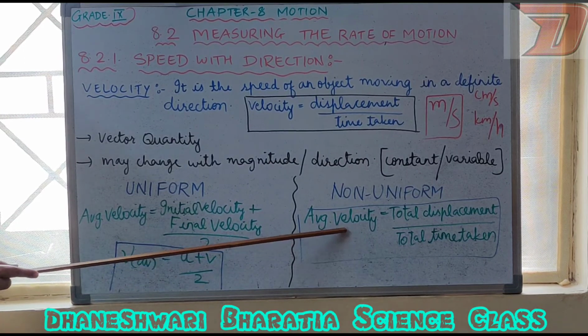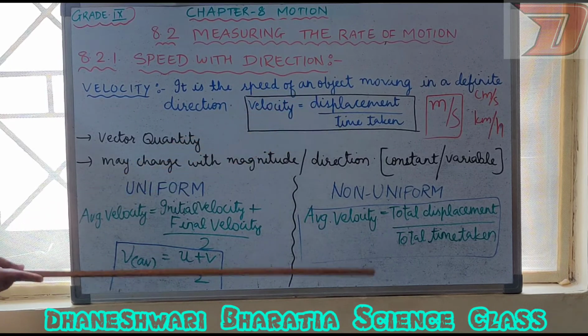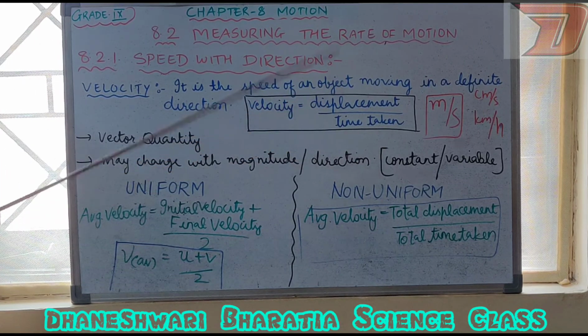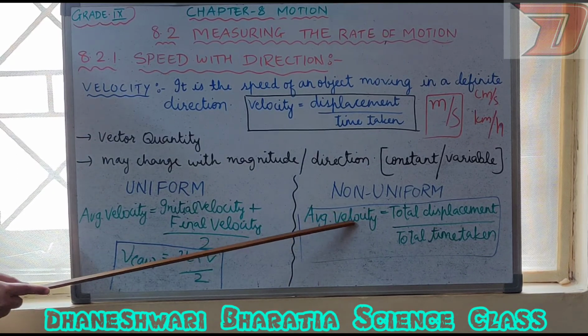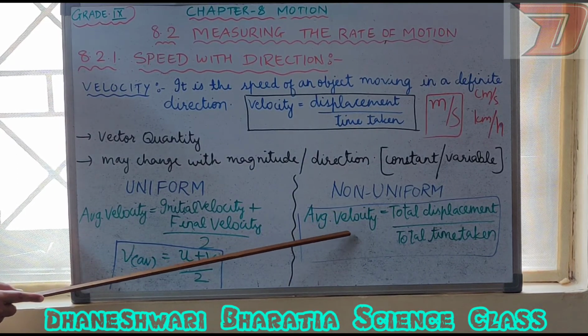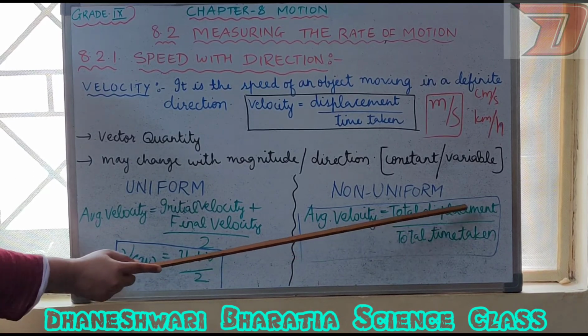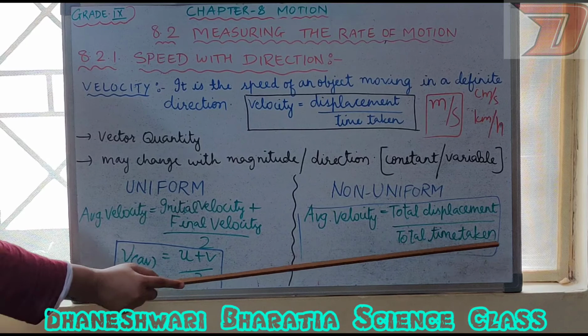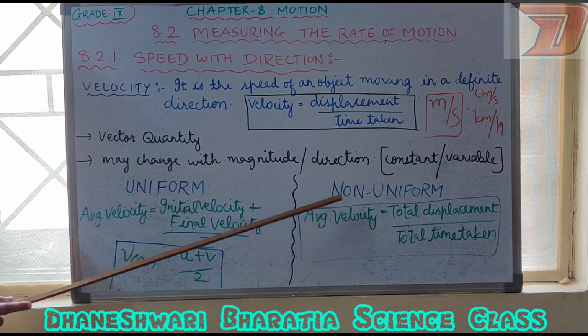The formula will be same like what we used in speed. Speed is equal to distance upon time, where average speed will be total distance covered in the total time, isn't it? So here average velocity will also be calculated by using this formula, that is total displacement upon total time taken. This is in case when the motion is non-uniform.